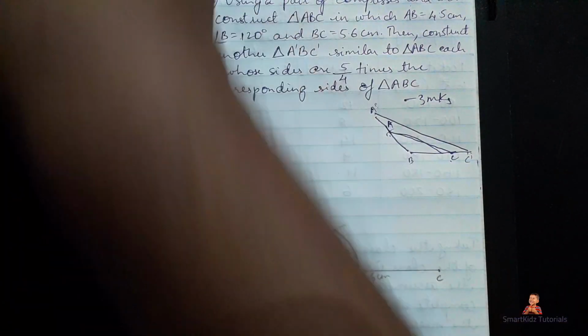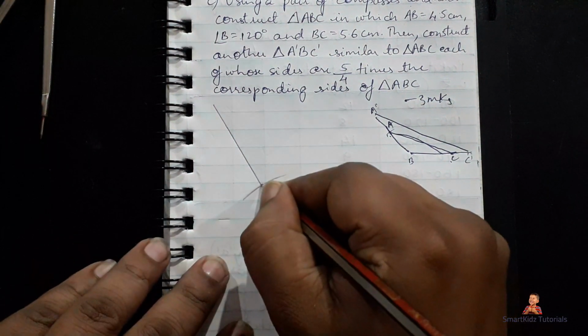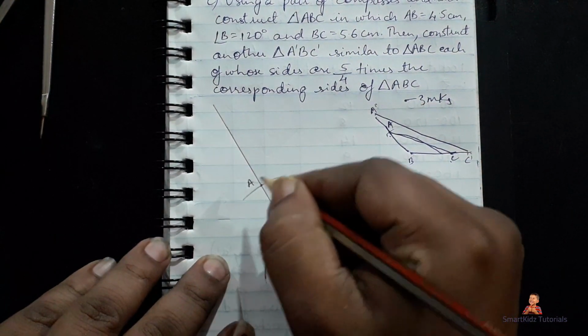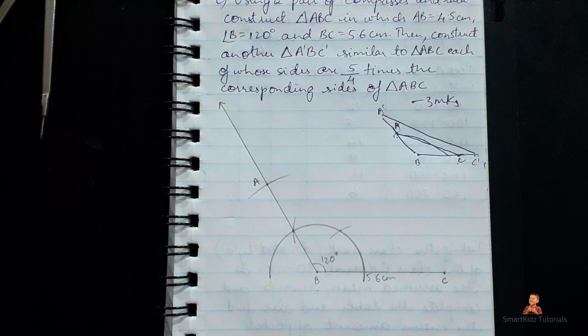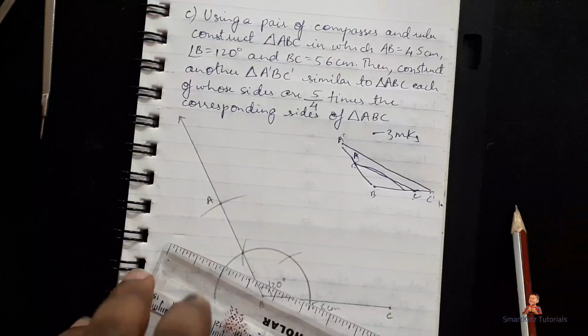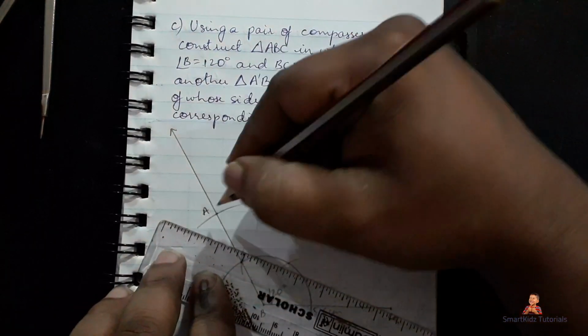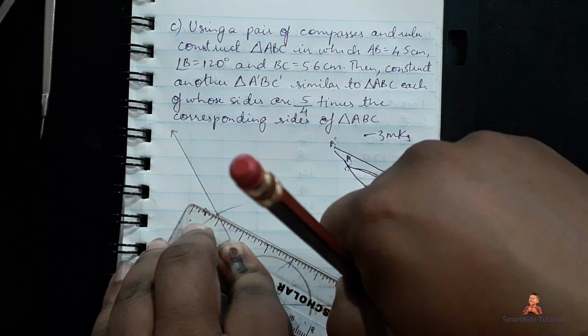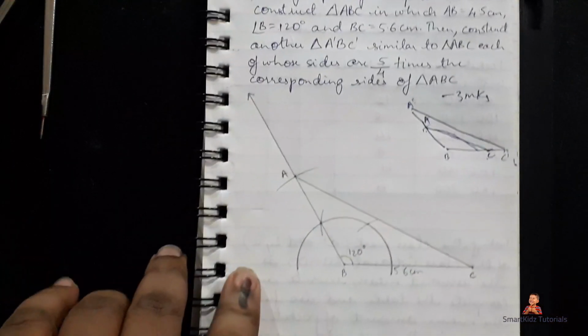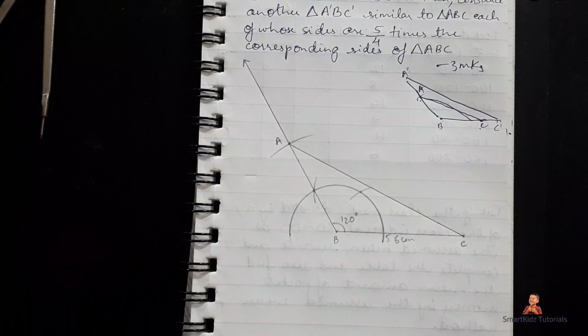And where this arc cuts this line over here, that will be our A. All we need to do then is to connect A to C, and we'll get our triangle ABC. So we connect A to C over here like this, and now our triangle ABC is complete.